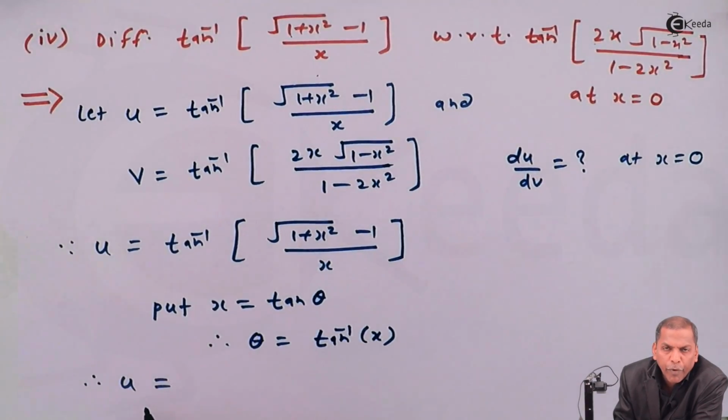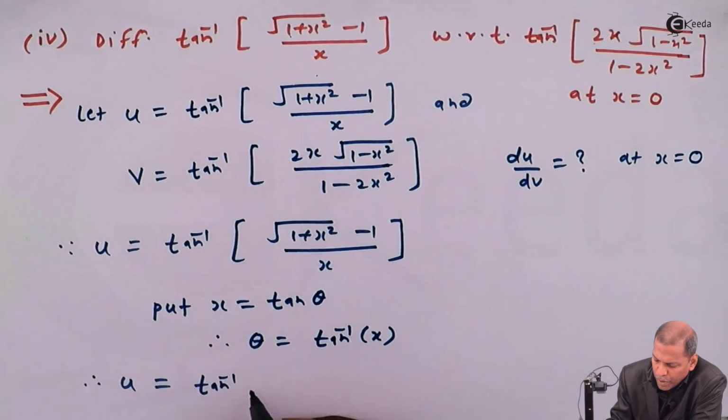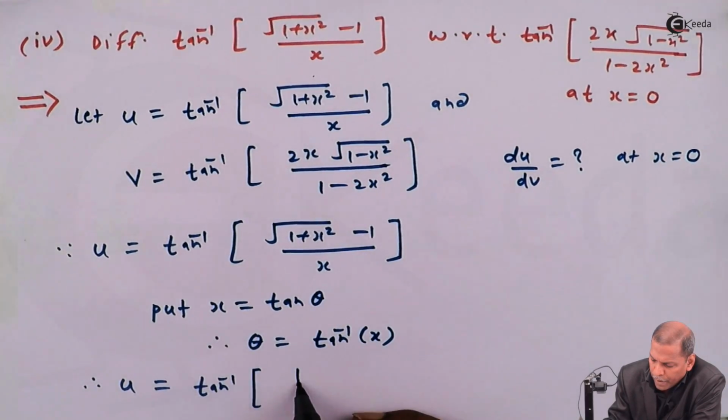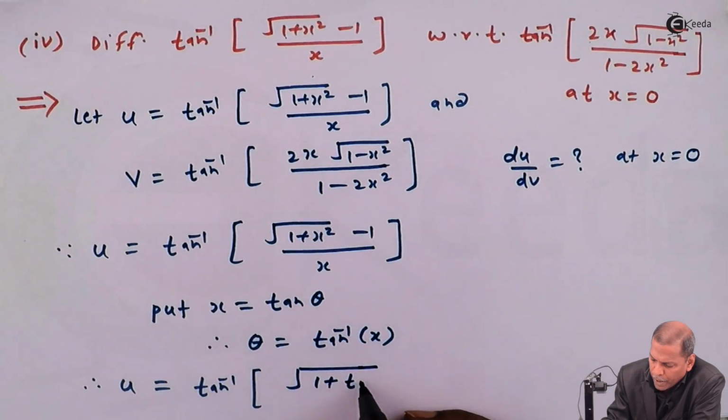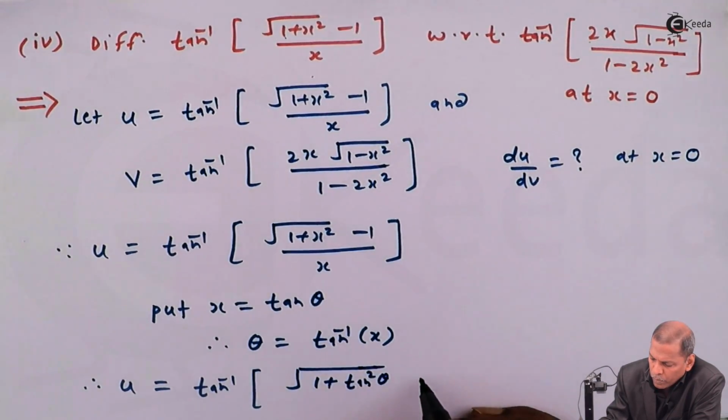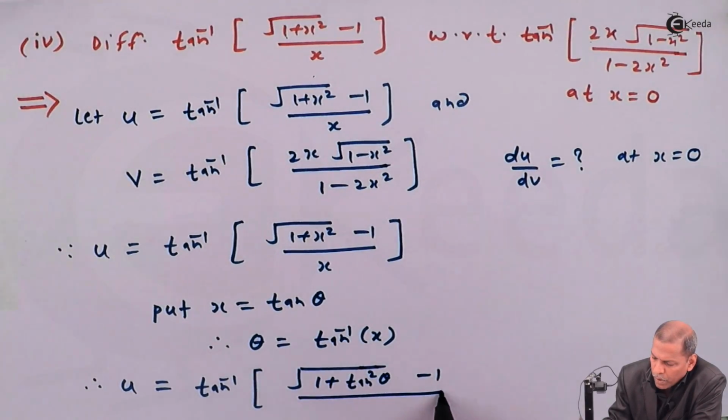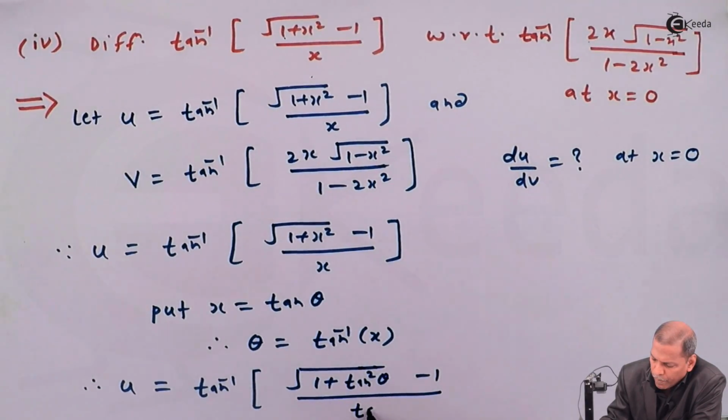So the next step will be u equal to tan inverse of (under root 1 plus tan square theta minus 1) divided by tan theta.